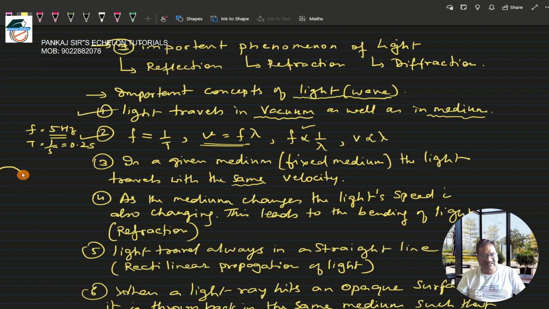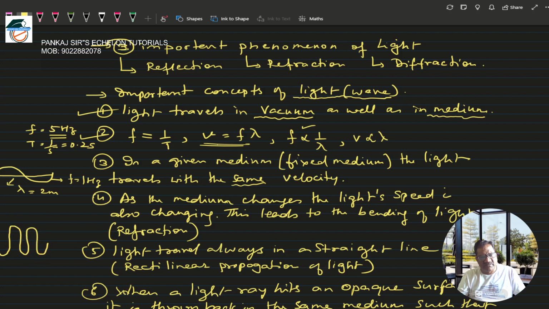Now here you can see this is the wavelength. Suppose this lambda is, say, 2 meters, and this is one wave. So the frequency is 1 hertz. Now suppose I draw three waves, 1, 2, and 3.